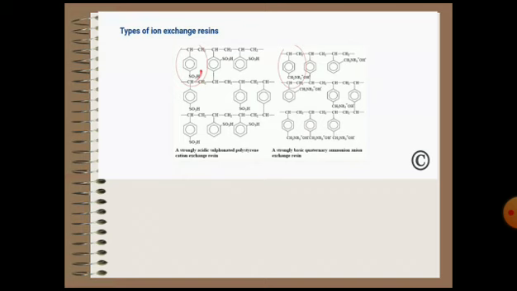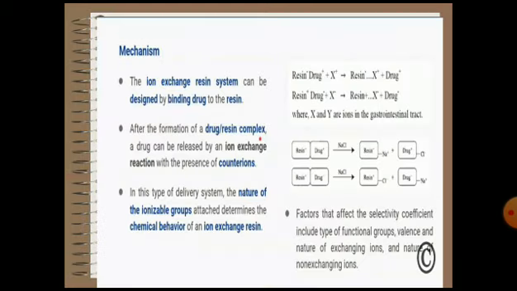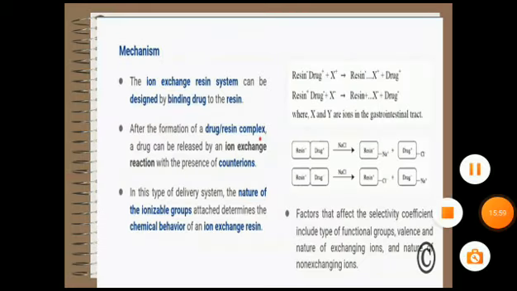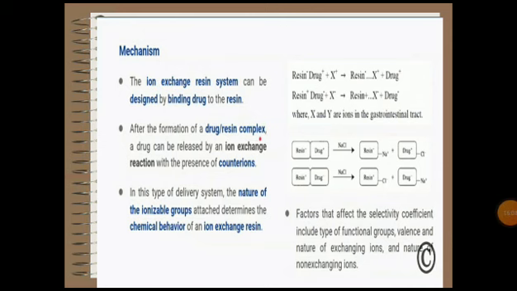I hope you are getting it. Next we'll study the mechanism. How are we going to make this ion exchange resin complex? The ion exchange resin system can be designed by binding the drug to the resin. Resin is nothing but a polymer containing ions.